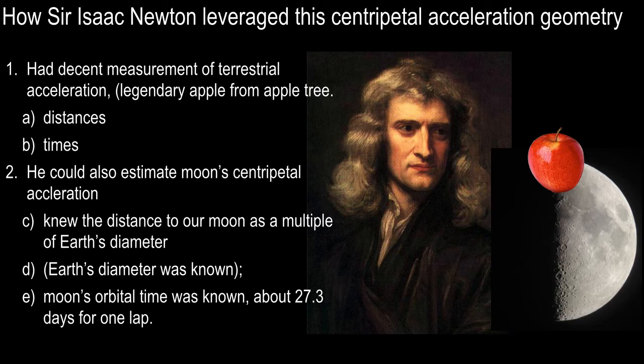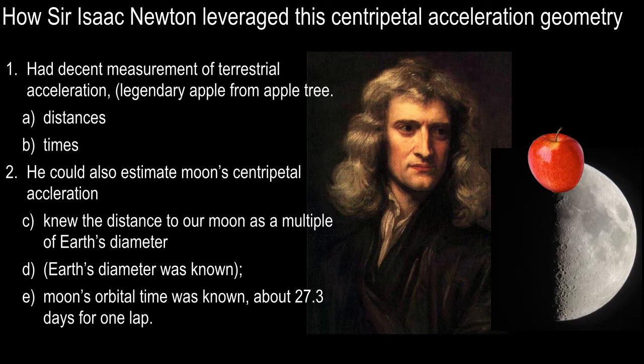The moon's orbit is not a perfect circle, but it's pretty close. If I mapped out the exact shape of the moon's orbit and a perfect circle of the same size, you would not be able to tell them apart. So he was thinking in terms of circular motion for the moon, centripetal acceleration. Is it related to my apple falling from the apple tree acceleration?